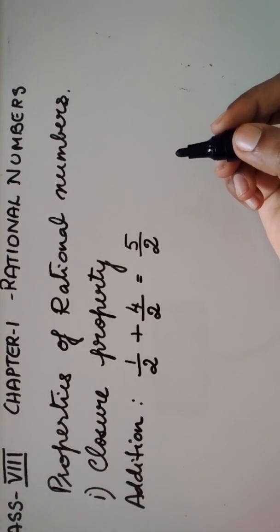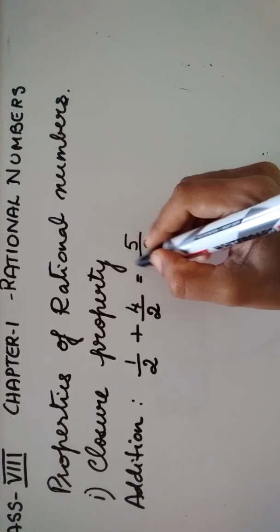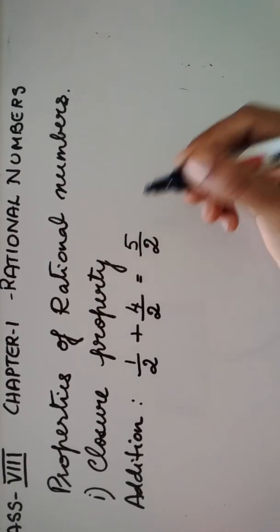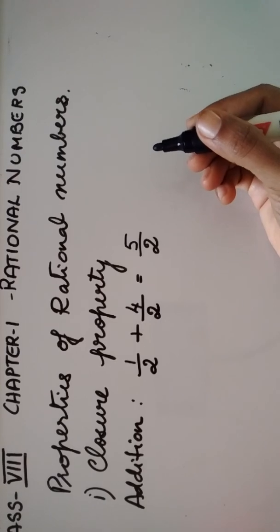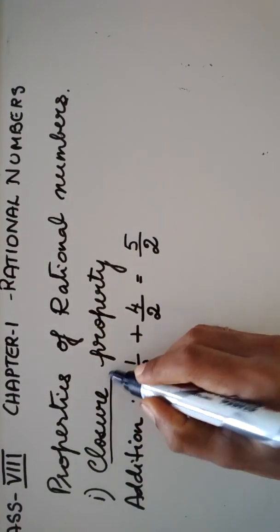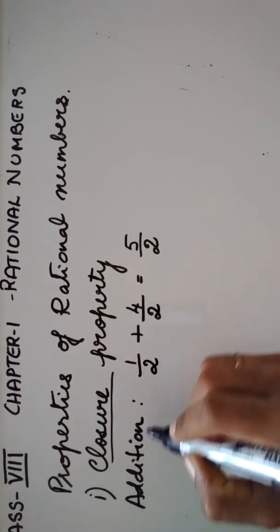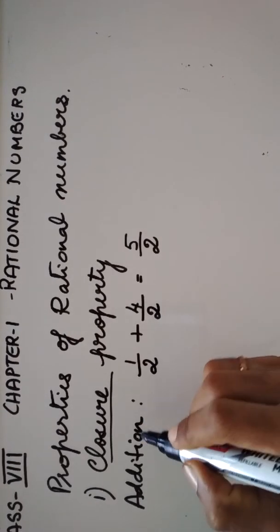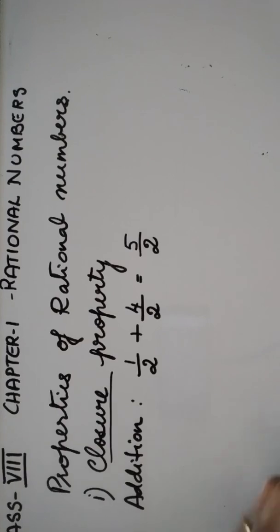So ultimately when you add these two rational numbers, you get a rational number. So closure property is applicable for addition.